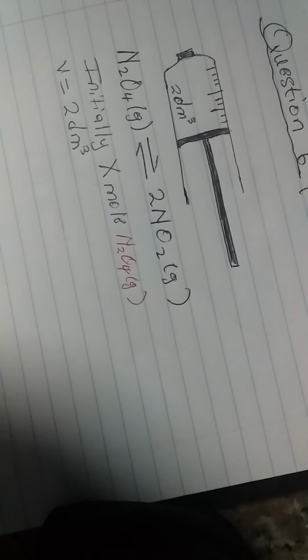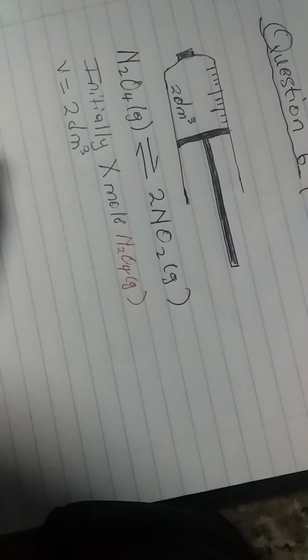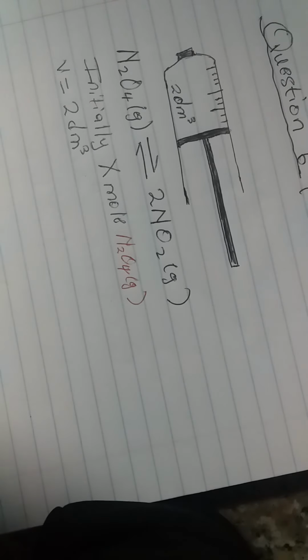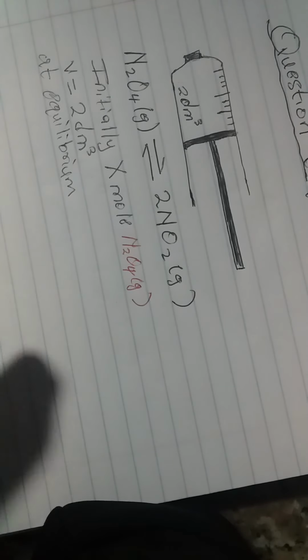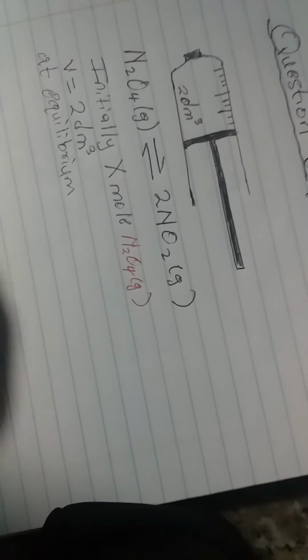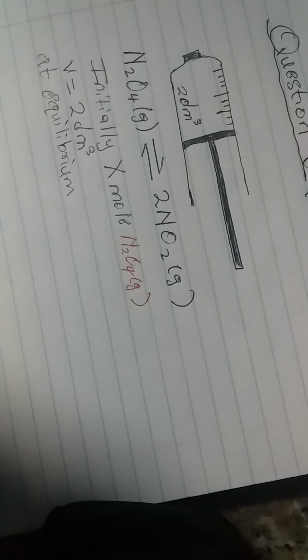So when equilibrium was reached, it was found that 20% of the N2O4 had decomposed. Note that in the exam you have to structure your problem in this way so that you don't miss any information.